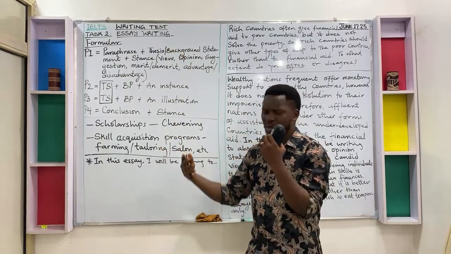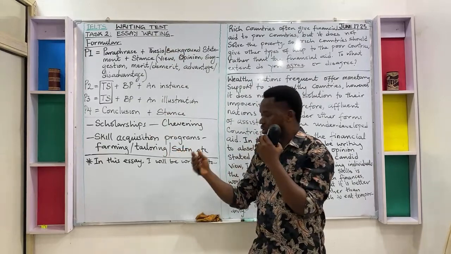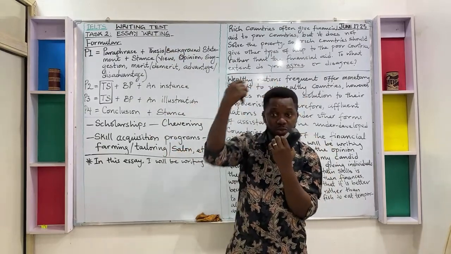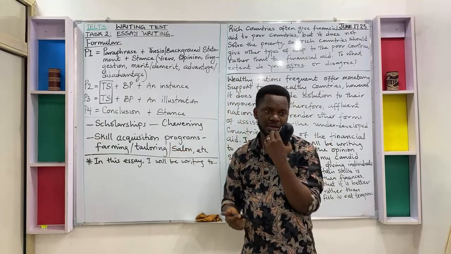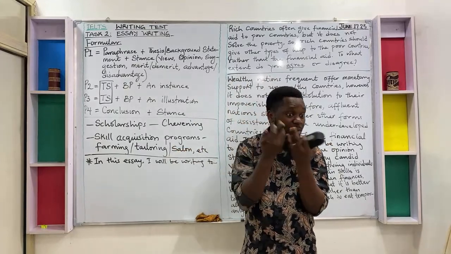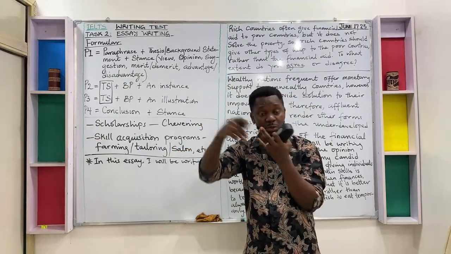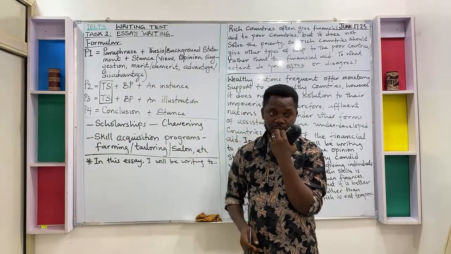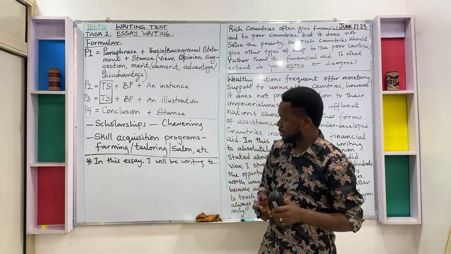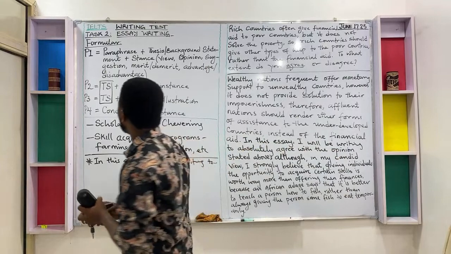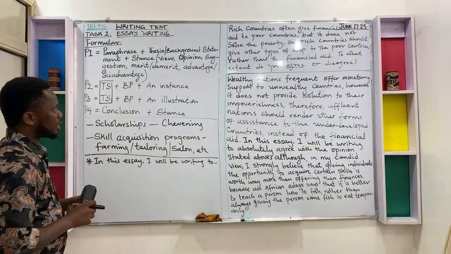You understand? You go to the other one, salon, talk about hairdos, different wigs that can be made, and they will be sold both locally and internationally. You just have to create all of this. So this is the way your essay writing should go.